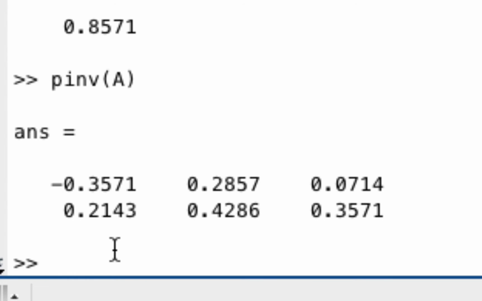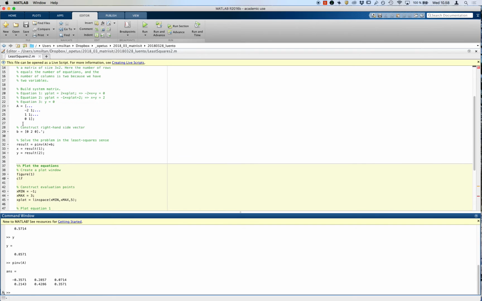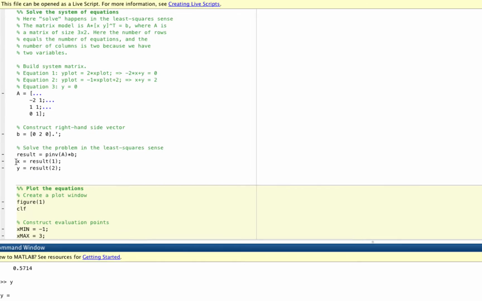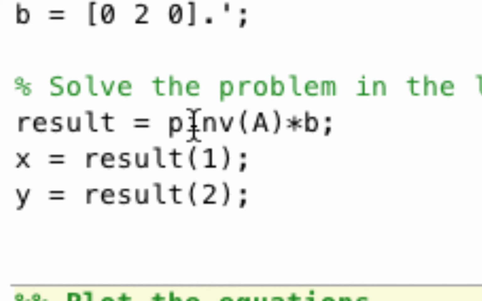And why is this? What happens in the solution here is that our pseudo-inverse is multiplying the right-hand side vector. And the right-hand side vector has 3 components. So that's why the pseudo-inverse must have 3 columns.